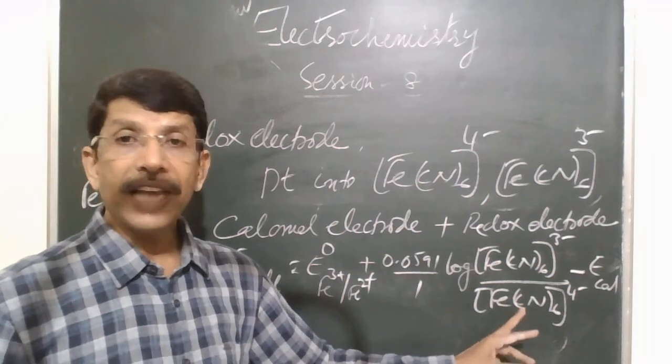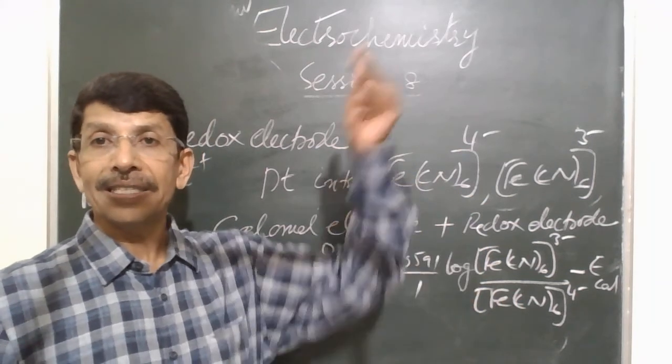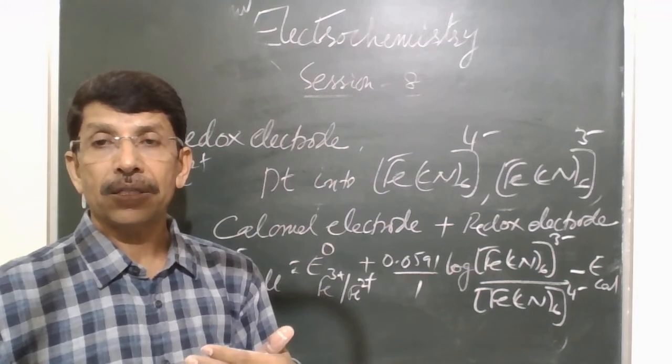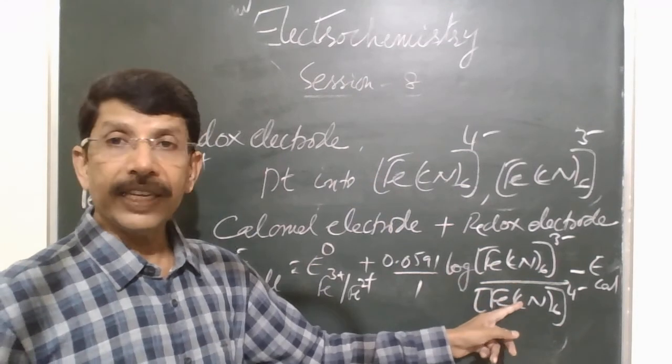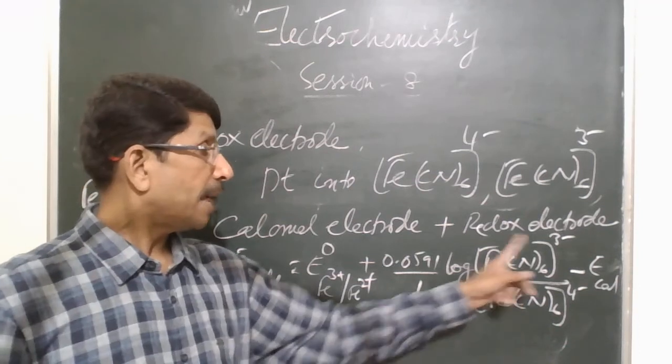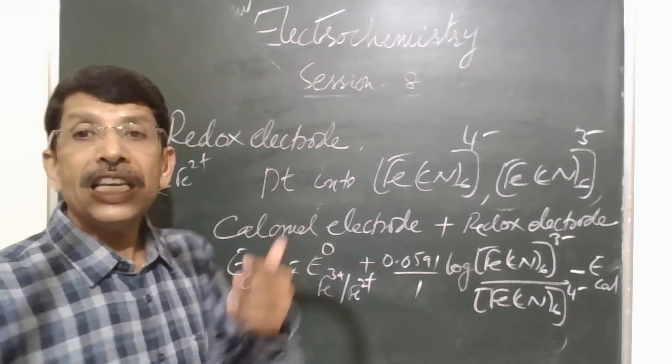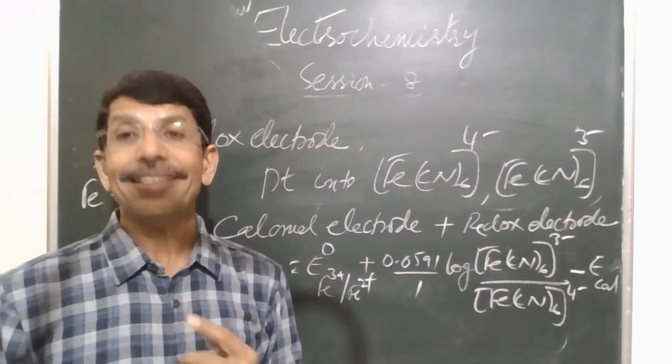So as the ferrocyanide concentration goes on decreasing with the addition of zinc sulfate from the burette, what happens? This ratio increases. So EMF of the cell goes on increasing.